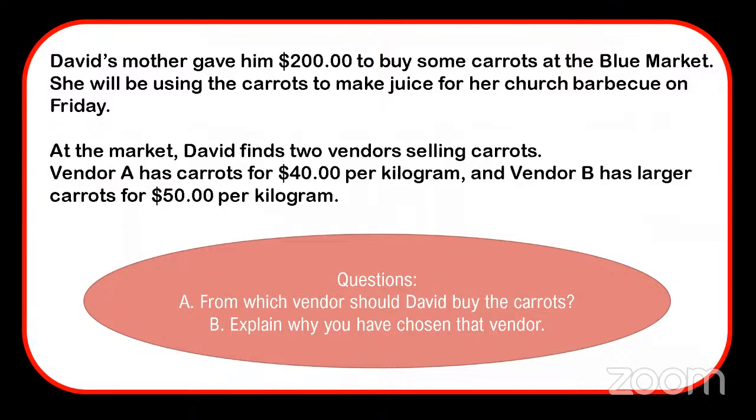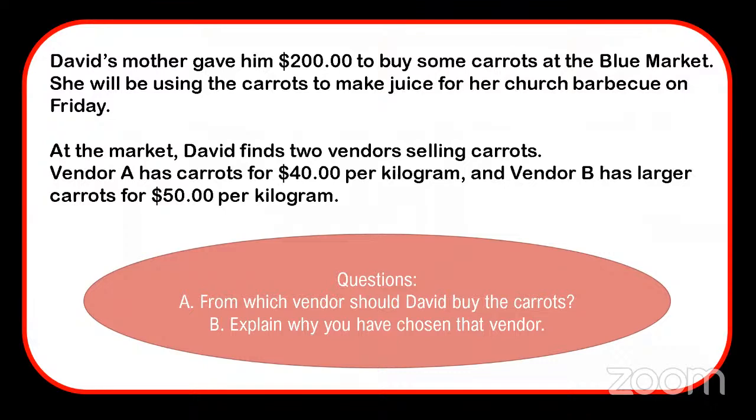Tanya says vendor B because he's getting bigger carrots for a reasonable price. Life with Brittany says B because the carrots are bigger. Narika Spence says B because they have longer carrots and you get more juice. Jamar Gale says vendor B because he will get bigger carrots.